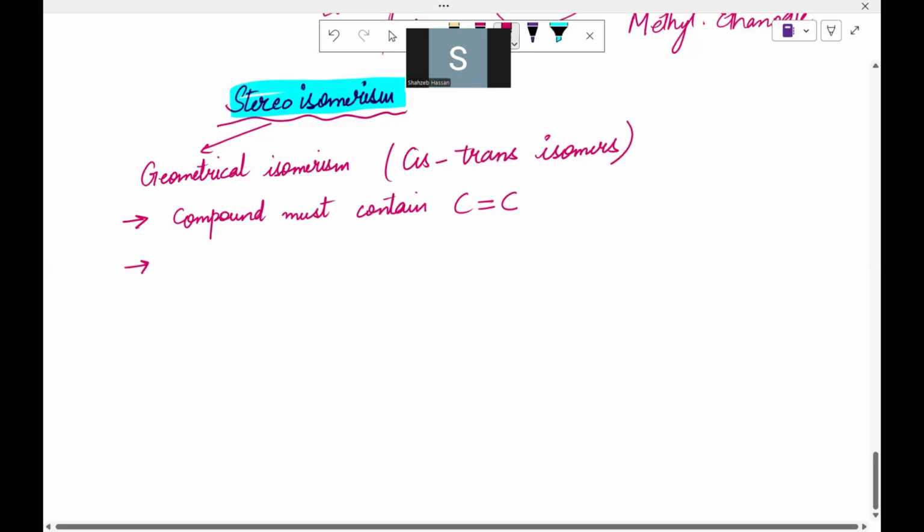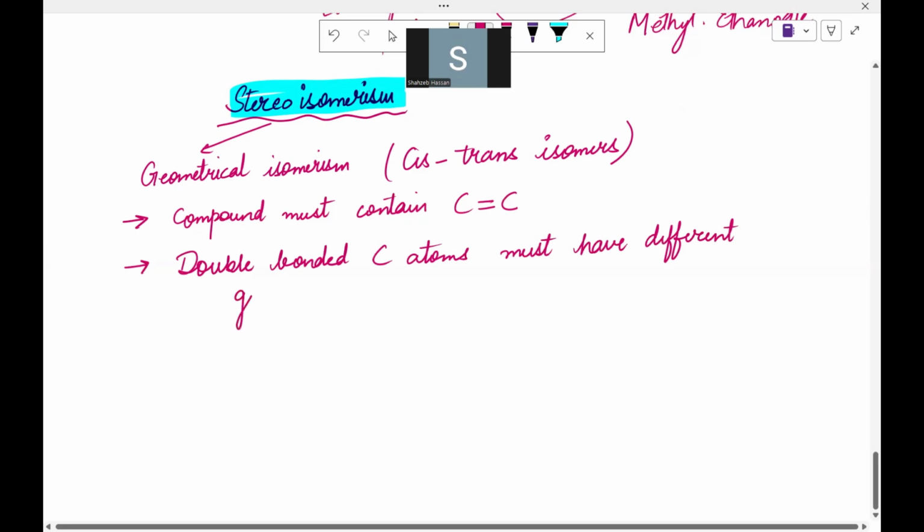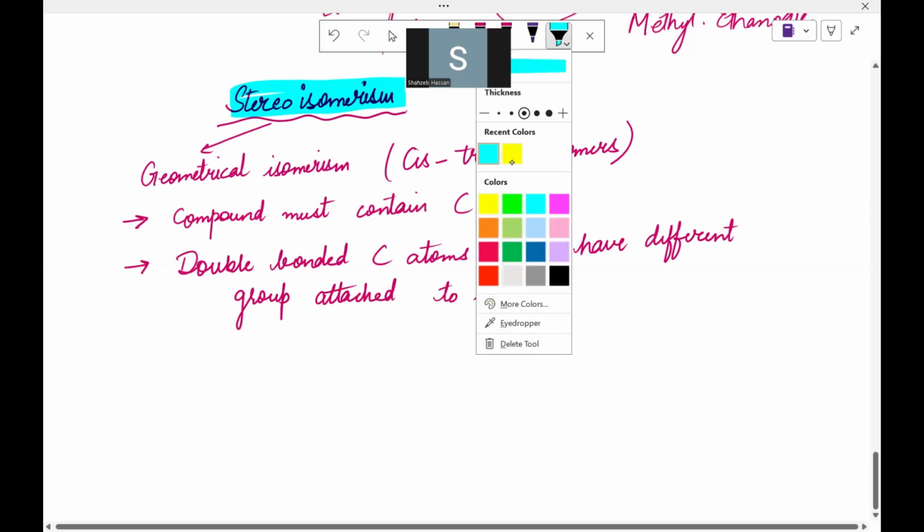And the second thing is that the double bonded carbon atoms must have different groups attached to them. So these are two important conditions that you have to memorize.